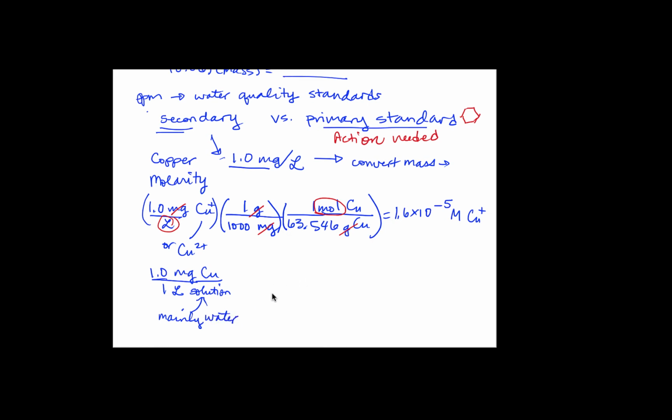One thing we can remember about water is that water has an approximate density of about 1 gram per milliliter. This is true for approximately room temperature. If we're a lot different than room temperature, we might have to deal with differences, but the density of water changes pretty slowly, so this is a pretty decent approximation.